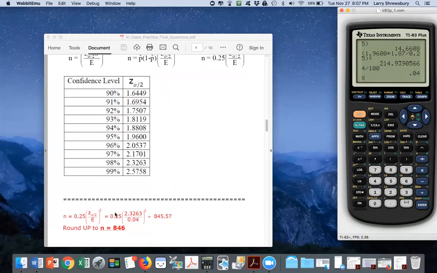Here's the work. So you can see there's the 4% in decimal format. There's the 2.3263. Now let's punch our calculator and be careful. Only this part gets squared.